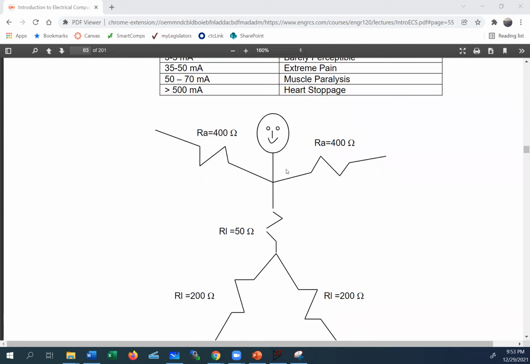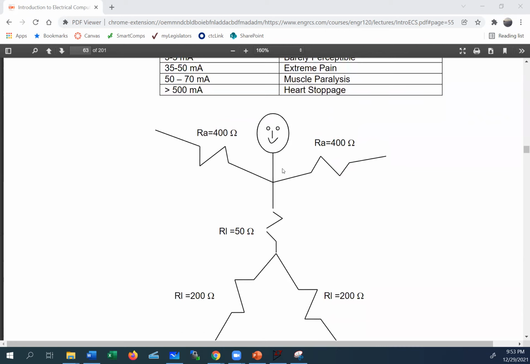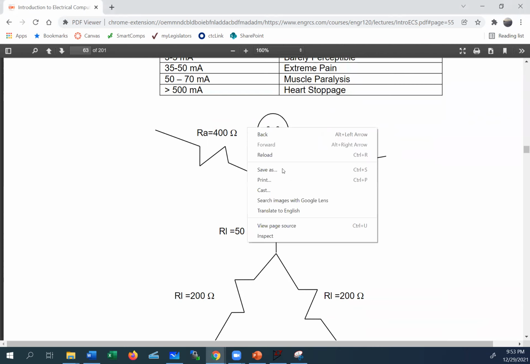Of course every human is slightly different, but on average, your arms look like a 400 ohm resistor. Your torso, the main body, looks like 50 ohms. So the thicker the portion, the lower the resistance, the easier it is for electricity to go through it. The torso is the thickest, so it has the lowest resistance.